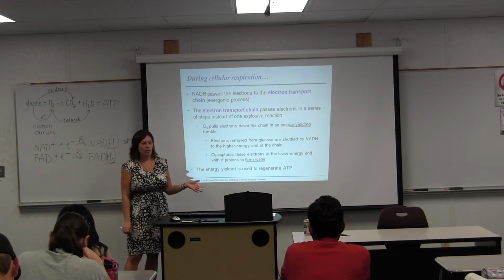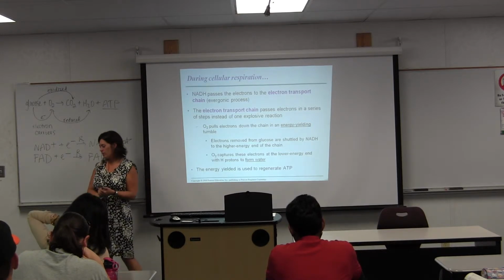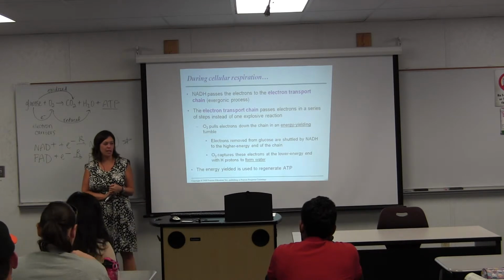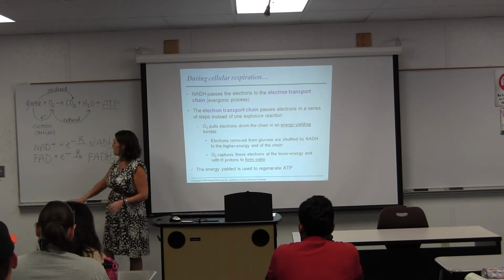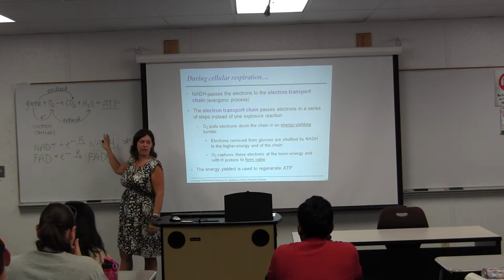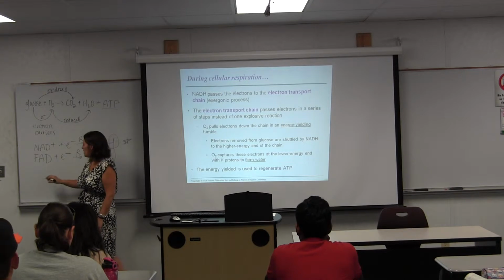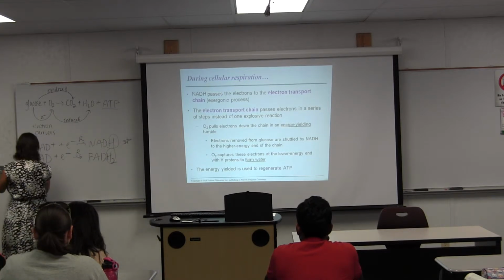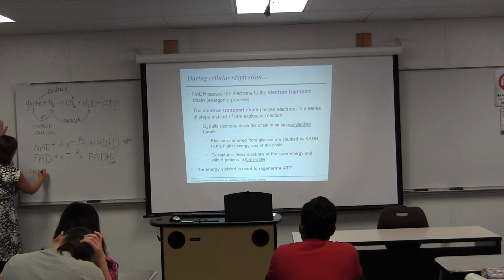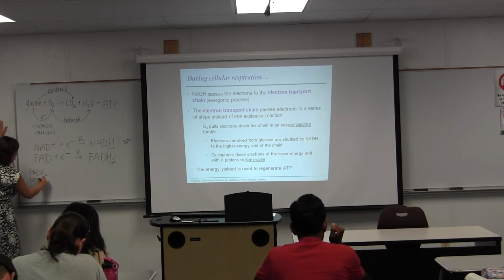All right, so now we need to introduce the concept of the electron transport chain. I think we've mentioned it before. This is where these NADs and FADs, these electron carriers that we've generated, come into the inner mitochondrial membrane. So we've got our FADH2 and our NADH.